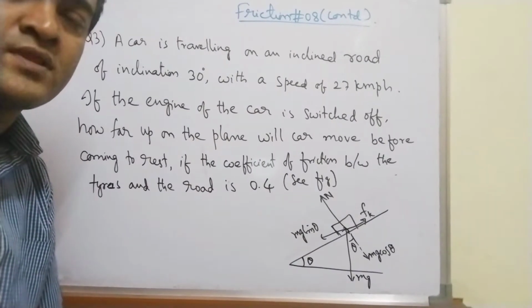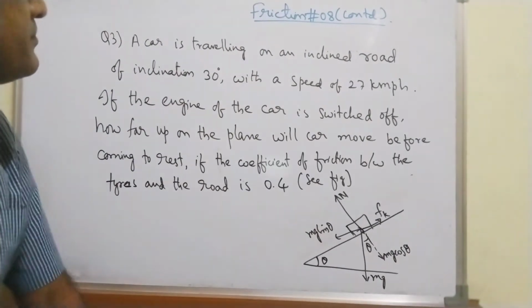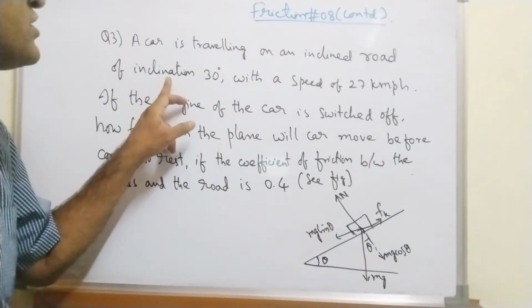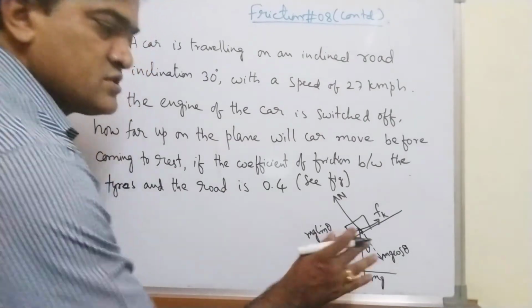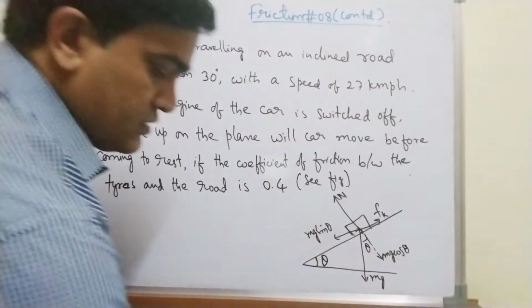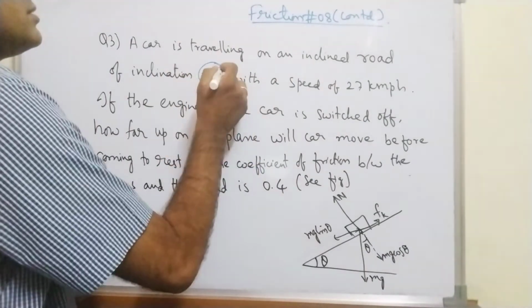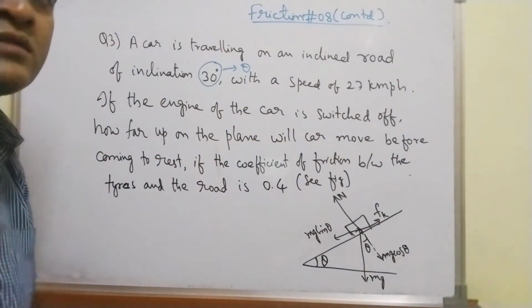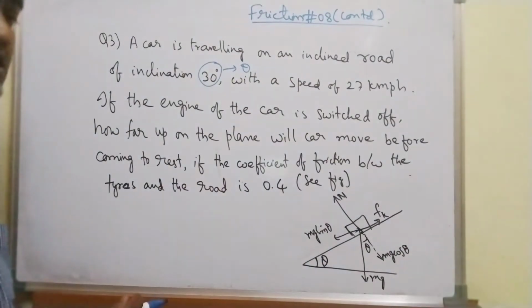This is another question. Now I have given you one more question. Just go through the problem. A car is traveling on an inclined road of inclination 30 degrees. This is the figure given in the problem, and theta is given as 30 degrees. It is moving with a speed of 27 km per hour initially.